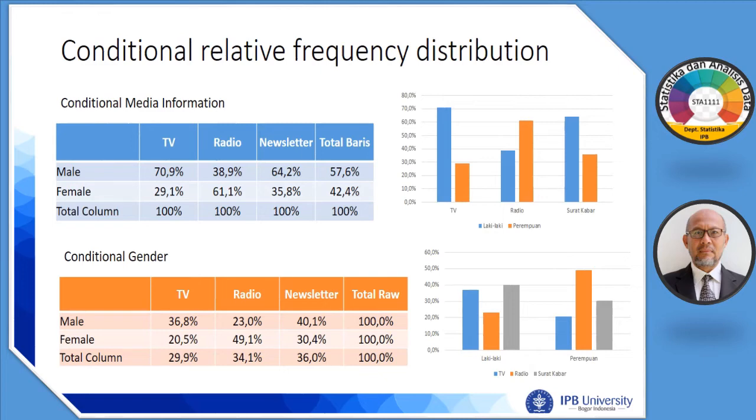So you can compare between male and female for every media. On the other side, you can also make a graphic for conditional gender. For male, you have three graphs, and for female, you also have three. So you can compare the blocks of graphs between conditions as you want to explain. Okay.